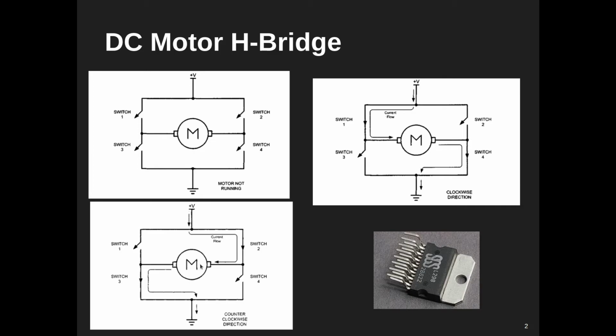So H-bridges are circuits that have four switches, and the good thing is that their on and off state can be controlled with a very low input current. That means you can directly connect the output from a microcontroller to those switches.